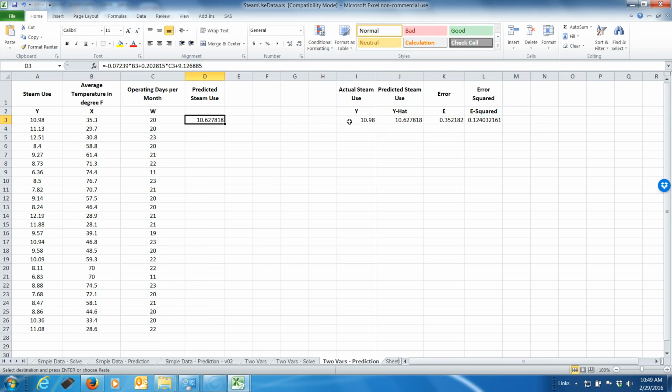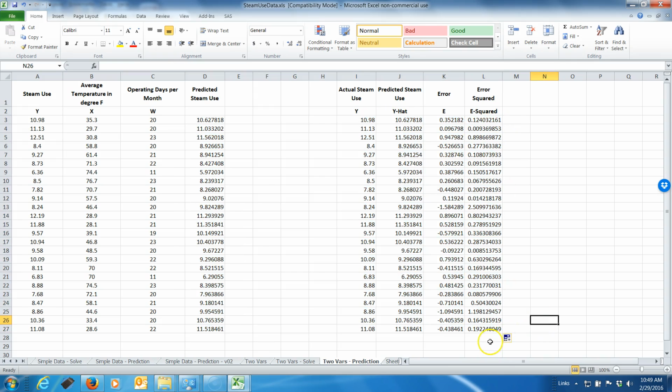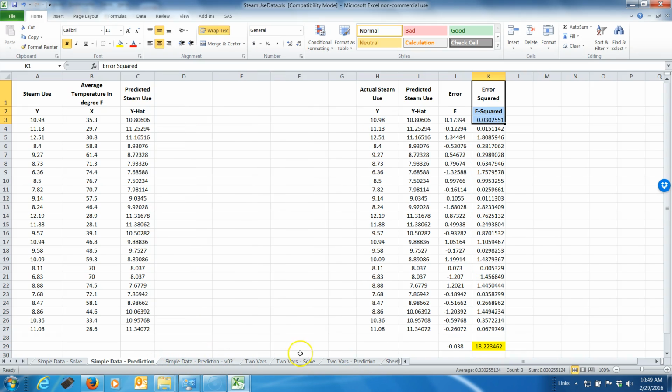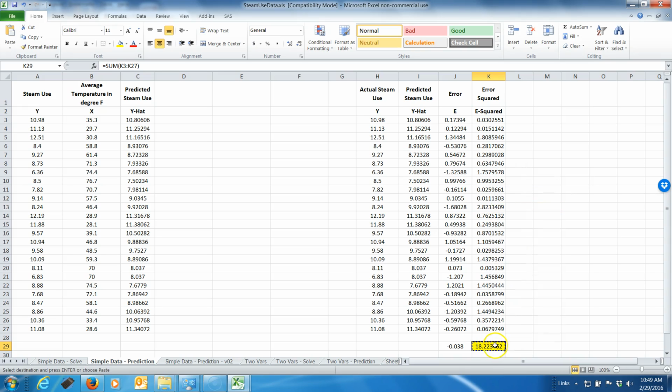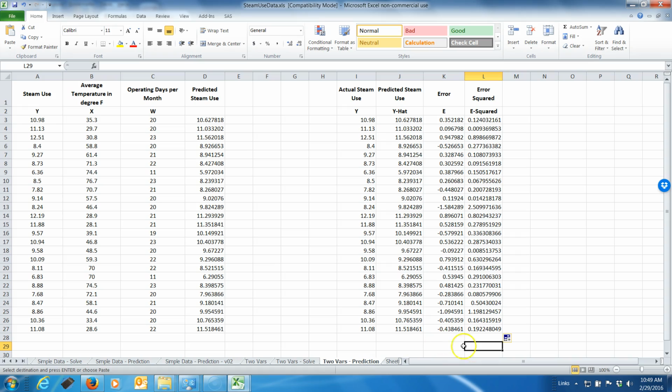So let's just take these guys all the way down and see what the average error squared was. And heck, let's just grab this guy again. It was 18.2. Let's see what it is now.